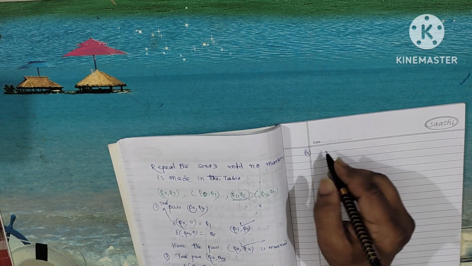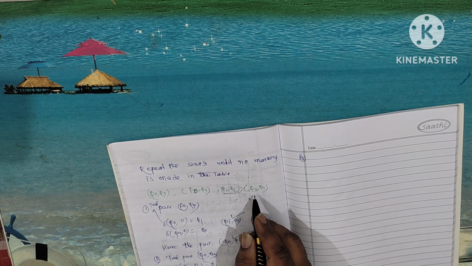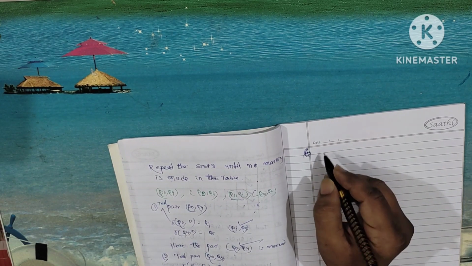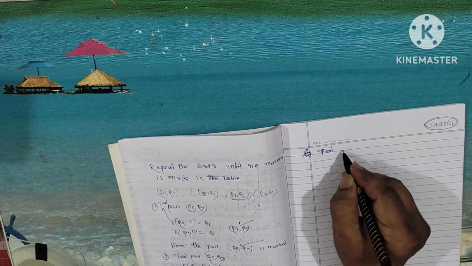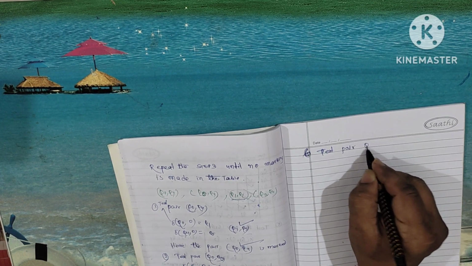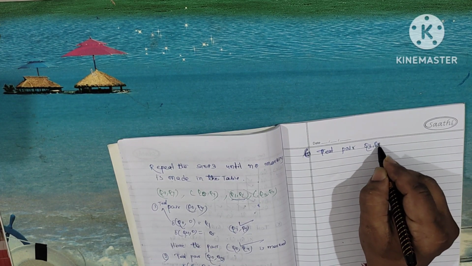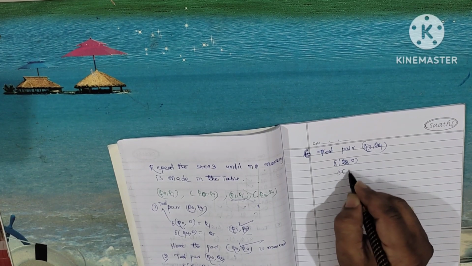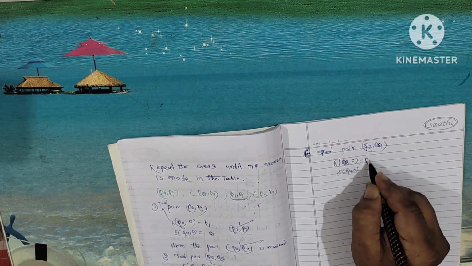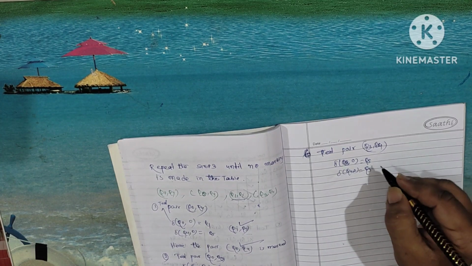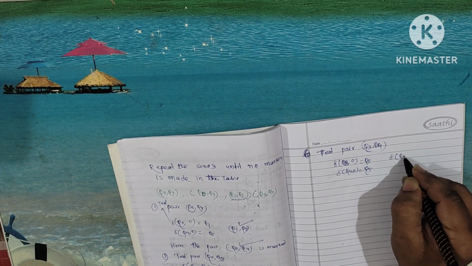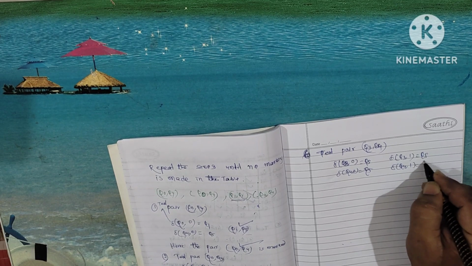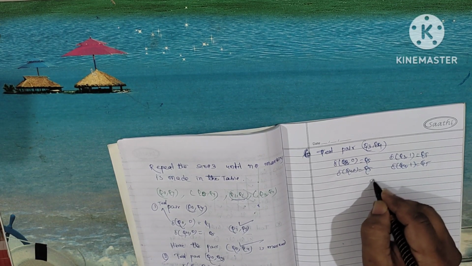Test the Q3, Q4, the sixth number one. Test pair Q3, Q4. Q3 on input 0, Q4 on input 0, Q5, Q5 does not exist. Q3 on 1, Q4 on 1, Q5, Q5 does not exist.